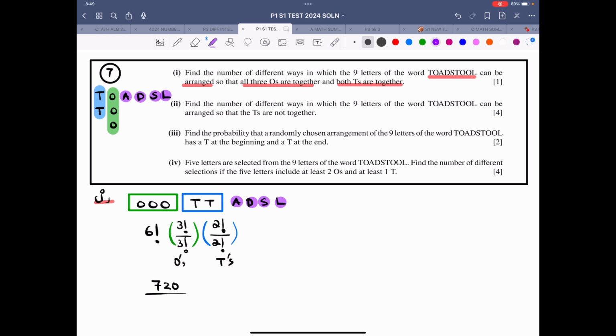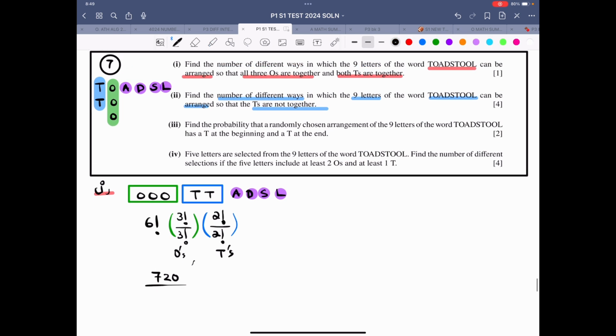Second part, let me focus on the second part. It says find the number of different ways in which the 9 letters of the word toadstool can be arranged so that the T's are not together. That means the T's are separated. For 2 alphabets, I can even do the subtraction method. So let me do the subtraction method. So first of all, let me write over here.